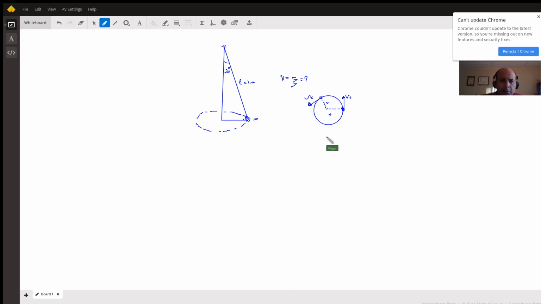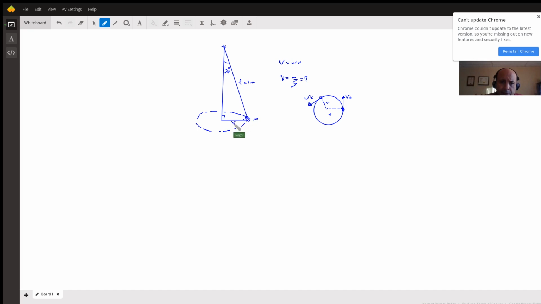Now, from normal circular motion, we know that the velocity is equal to omega r. Now r can be determined easily because here we have a right angle triangle, this is 90 degrees, and this will be your r.